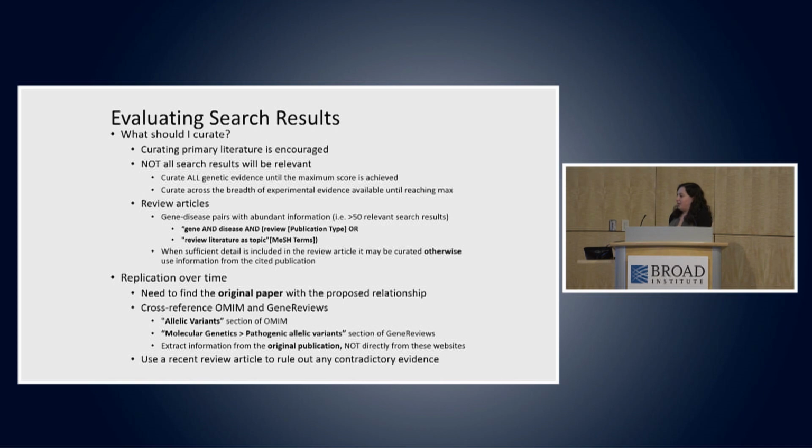And for very definitive genes, you should anyways use a recent review article to rule out any contradictory evidence. So maybe there's an overwhelming amount of evidence, but recently, for example, with population databases or something, much of this evidence was overturned, something like that. So you do want to try to find a very recent review article and take a look at it and make sure that the gene is as definitive as you thought.